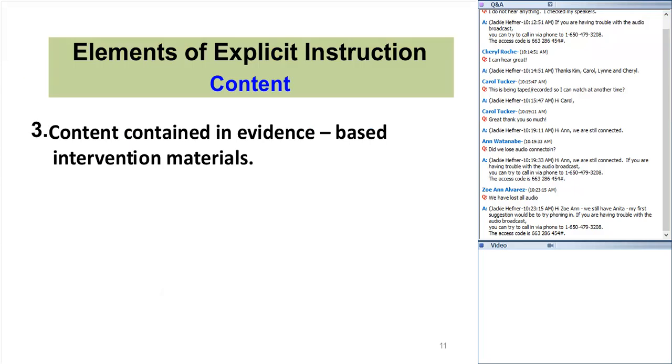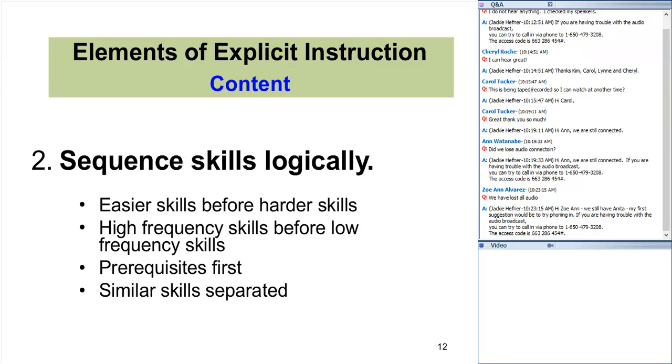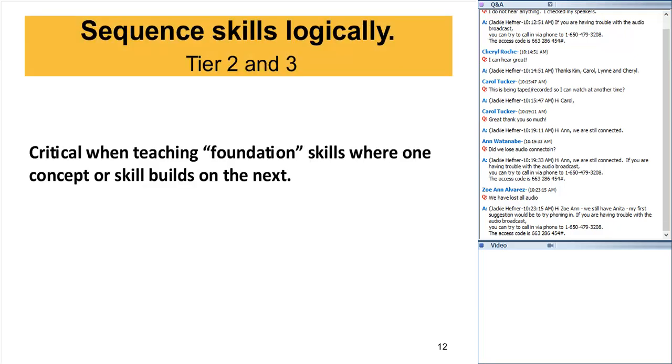And the second thing is that we would sequence the skills logically: easier before more difficult, high frequency before low, prerequisites first, similar skills separated. So you're going to have to forgive me. Since I also write intervention materials, I'm going to use some of them to illustrate how Tier 2 or Tier 3 materials might look.